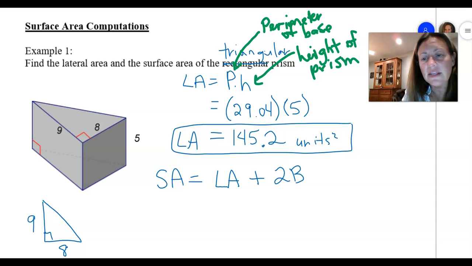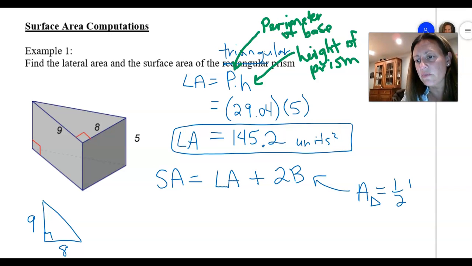So in order to find the area of one base, we have to use the area of a triangle formula, 1/2 b times h. Notice I made this lowercase b. Lowercase b stands for the base of just a flat, solid side. Capital B stands for the area of one of the bases.